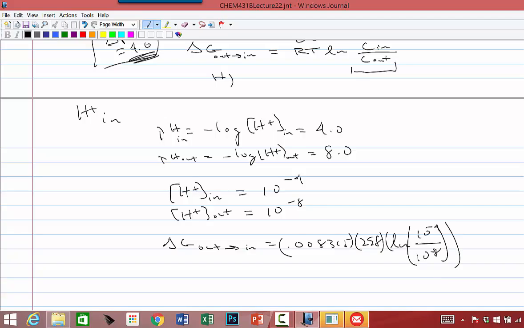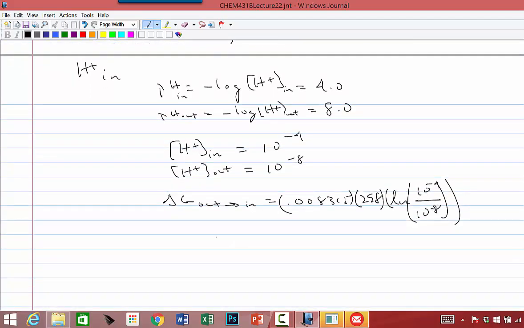Okay, and if we calculate that, I get a value of 22.8 kilojoules per mole.